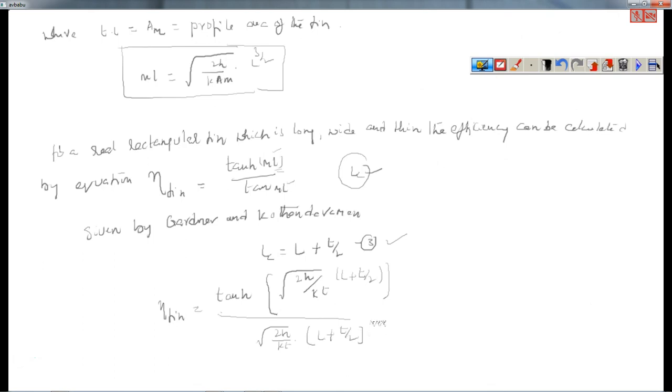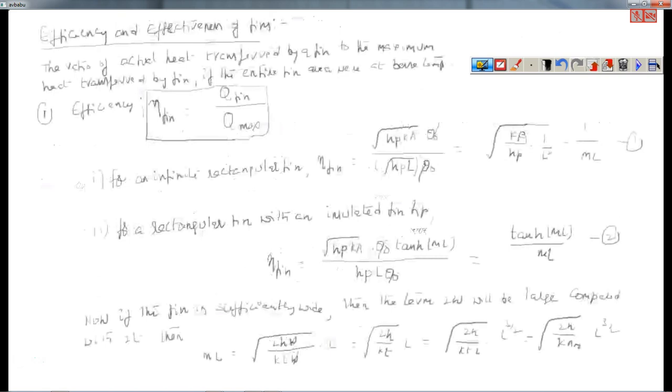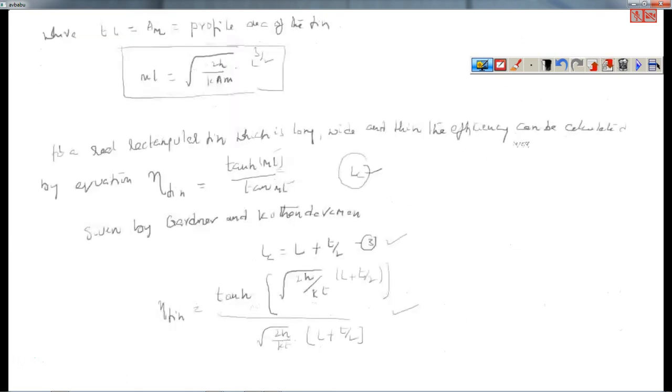This is the equation, you can remember it. The same I have used here, where L is replaced with Lc, the corrected length, equal to L plus t by 2.